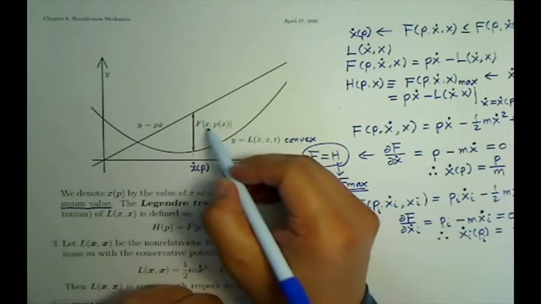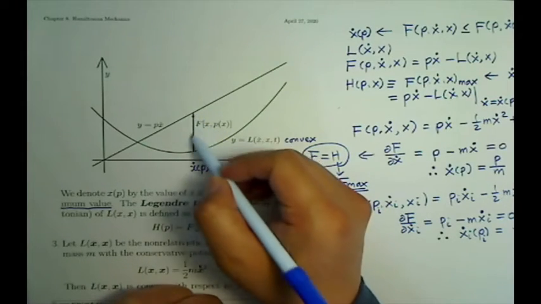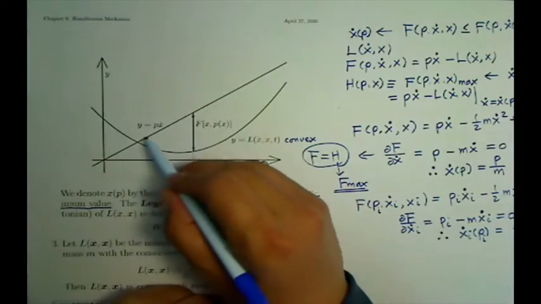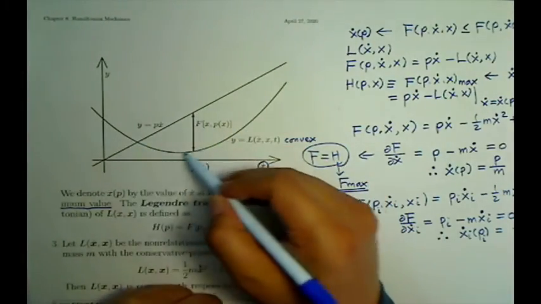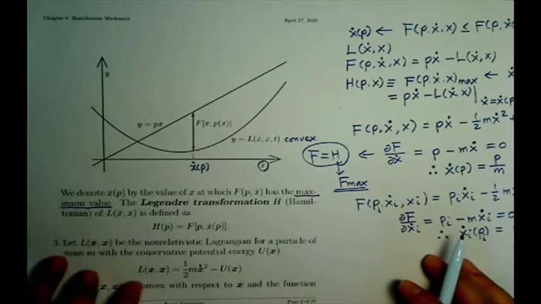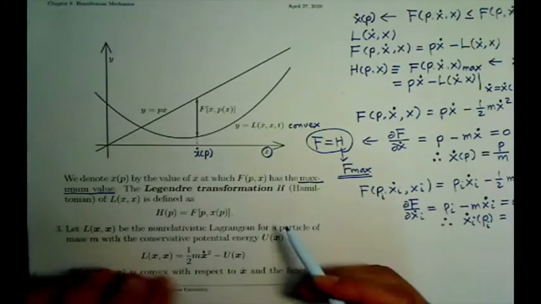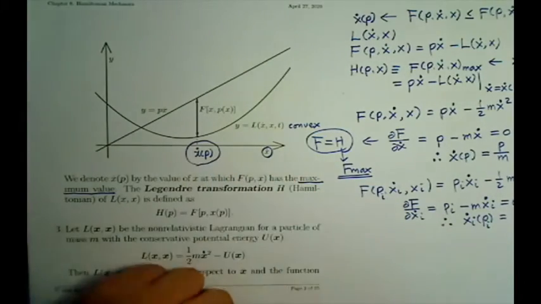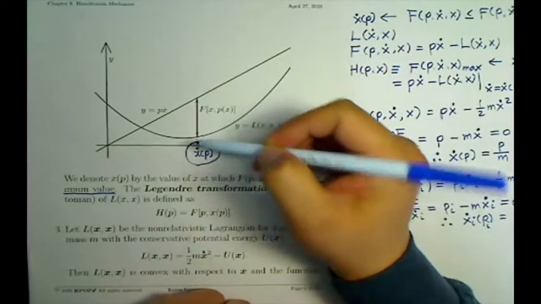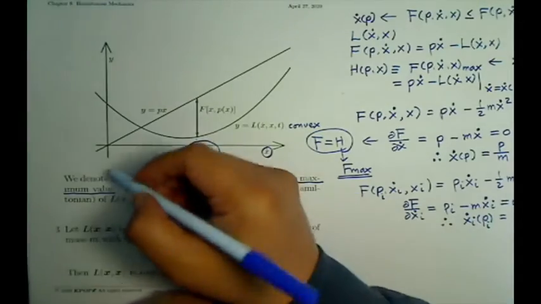So this F function is the distance between this straight line and the kinetic energy curve. We define x dot p, where this capital F becomes a maximum value.